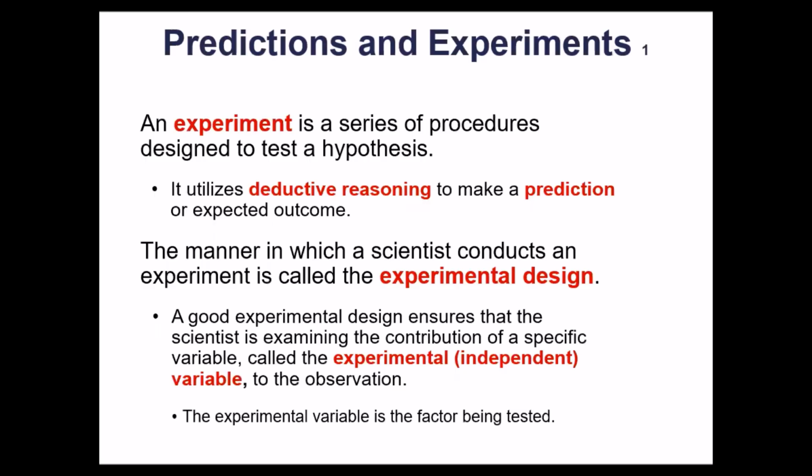So now let's say you've collected some observations, and you've formulated some type of hypothesis, some type of explanation for your observations. Now the next thing to do is to create some experiments around that hypothesis. Generally, you use deductive reasoning to make that educated guess and anticipate an expected outcome.